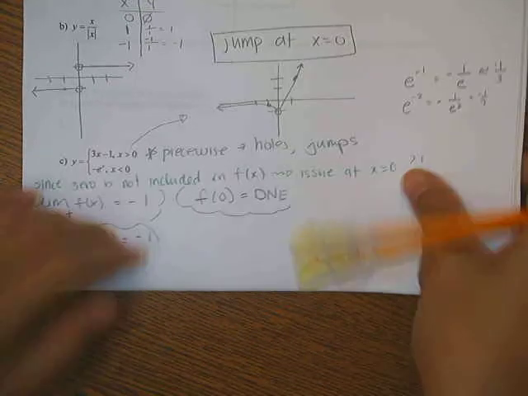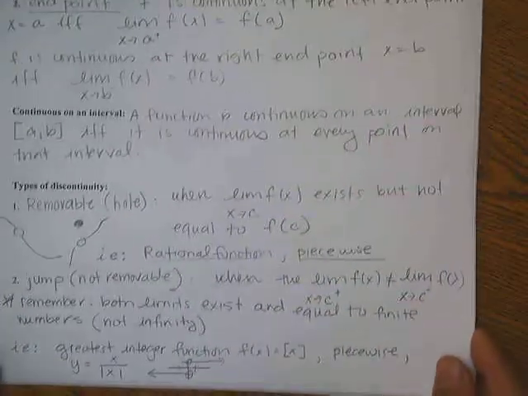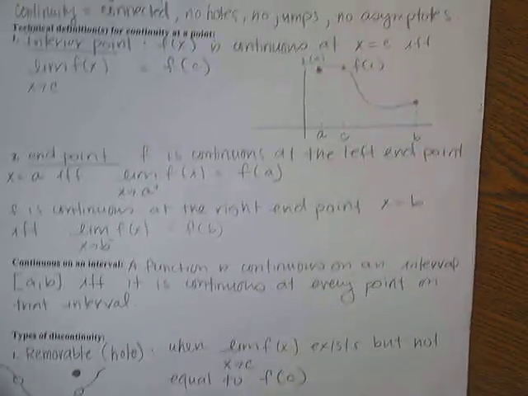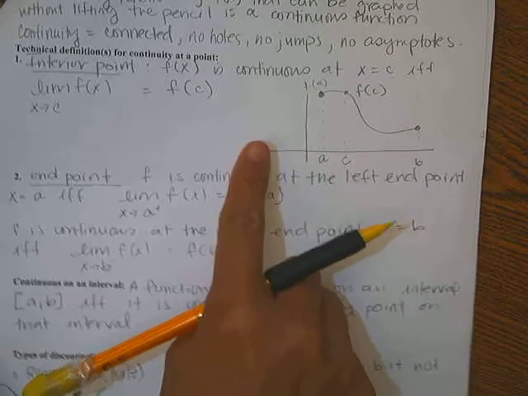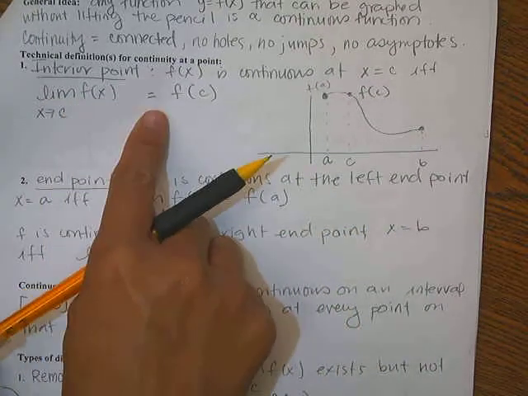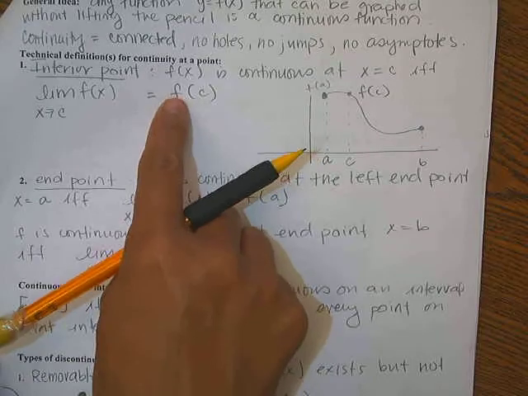Let's go back to some definitions. If a function is continuous, the limit from the left and right equals f of 0. In this case, this is not true.